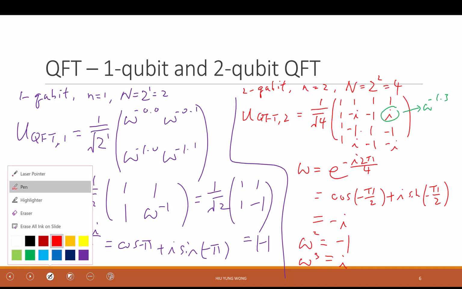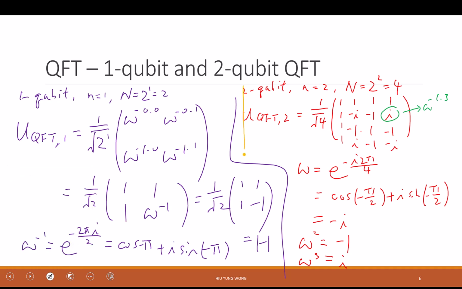So this gives us the 2-qubit quantum Fourier transform. 3-qubit, 4-qubit, you need to do that, and indeed it is not straightforward. Do not think that is easy, but we don't need to do that. Let the computer do that. Okay. So we will stop here for today.